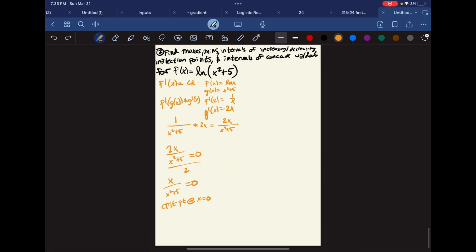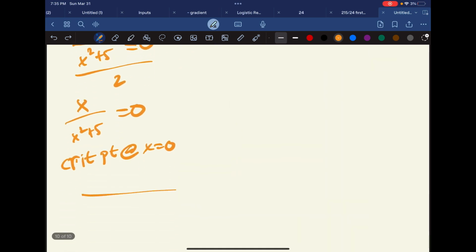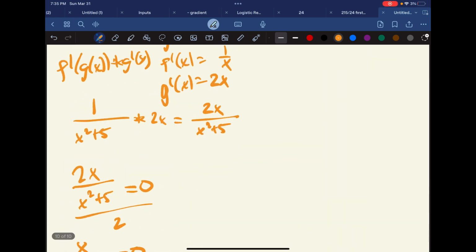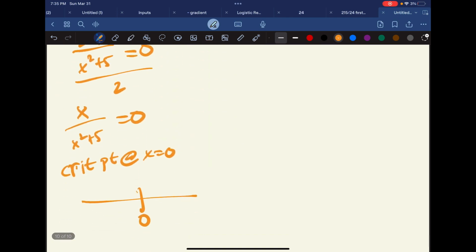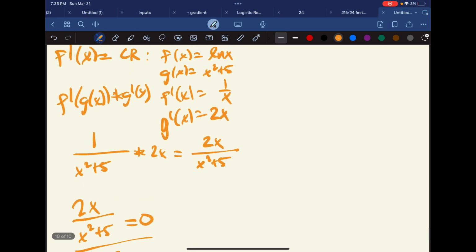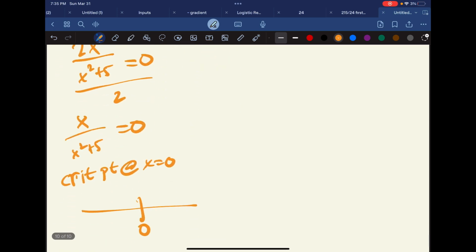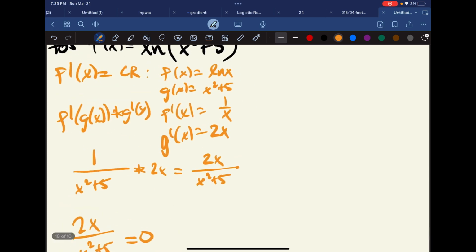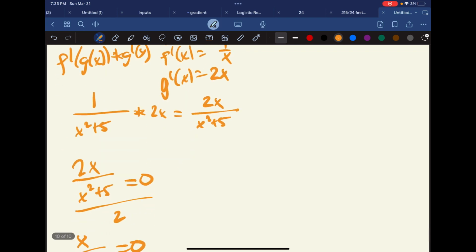Then we just make a sign chart. We have 0, and then we plug in -1 into our f prime of x.